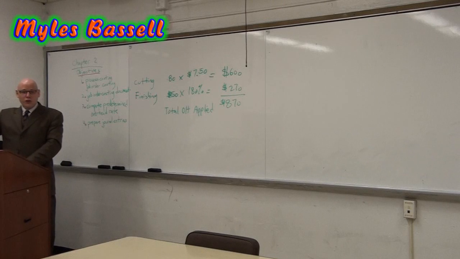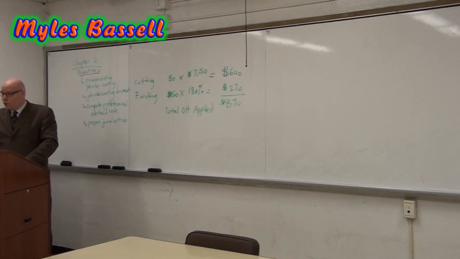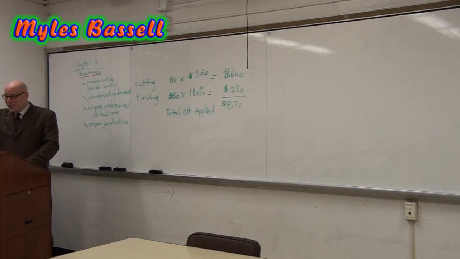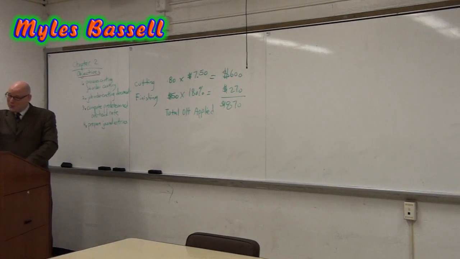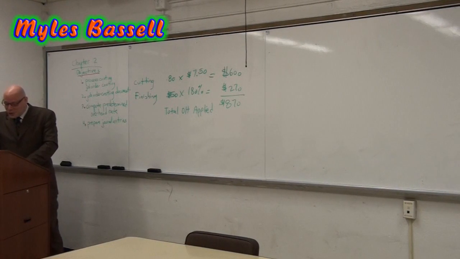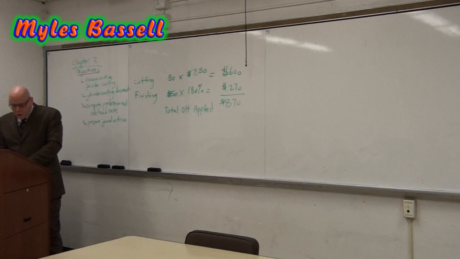Now, just a little bit of a review. You know that debits have got to equal credits, right? You know that, Melissa? I'm just checking, just to make sure we're all on the same page. So what's the first thing we're going to debit here?